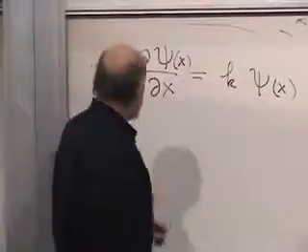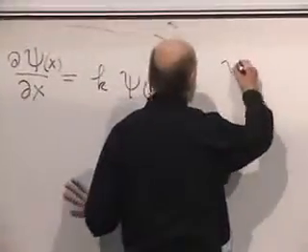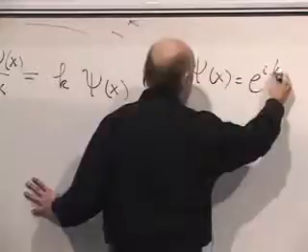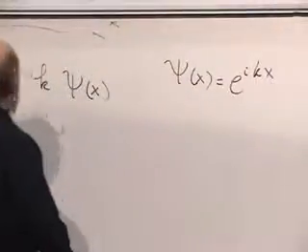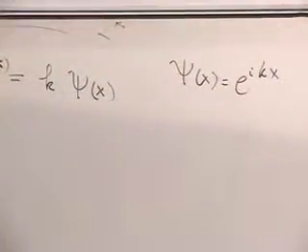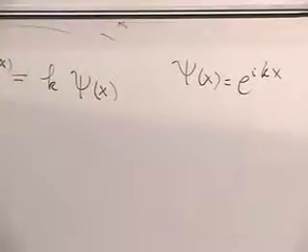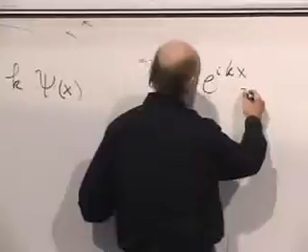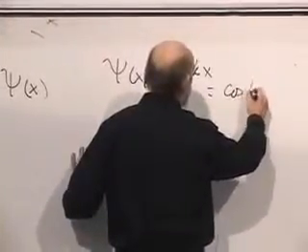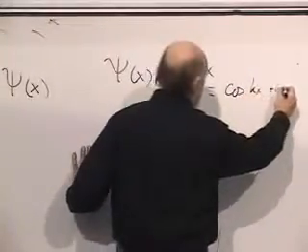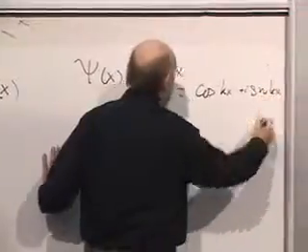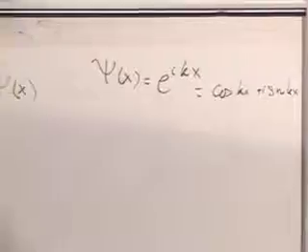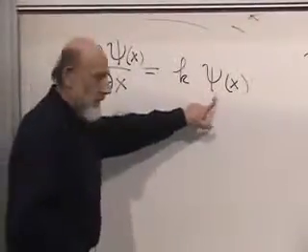The solution of this equation is that psi of x is proportional to e to the i kx. Rather than solve it, let's just check that this is the solution. E to the i kx, of course, means cosine kx plus i sine kx. Let's check that minus i d psi by dx is k times psi.